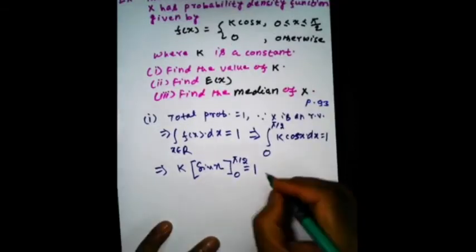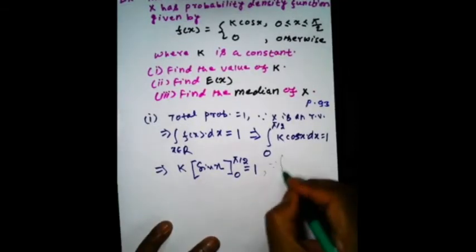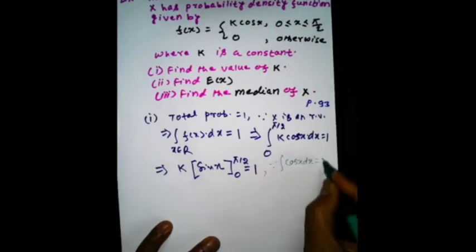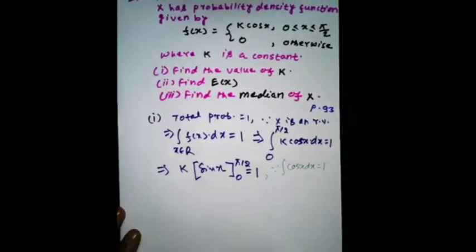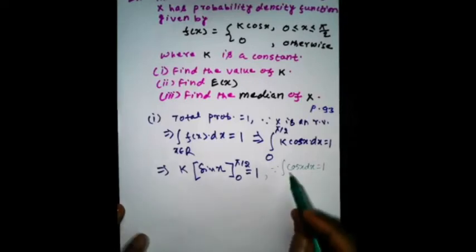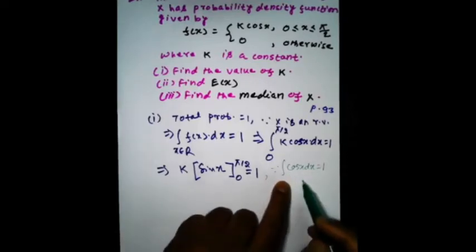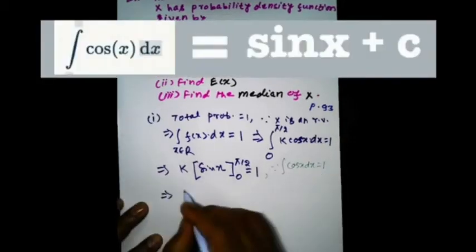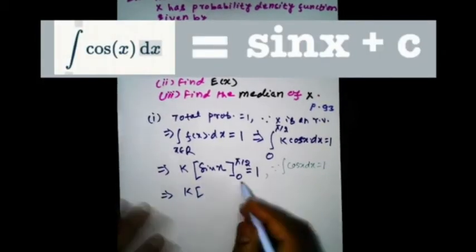In order to solve this kind of problem, you should have sound knowledge of calculus, that is, integral calculus. And then for k, put in the upper limit and lower limit values for x.